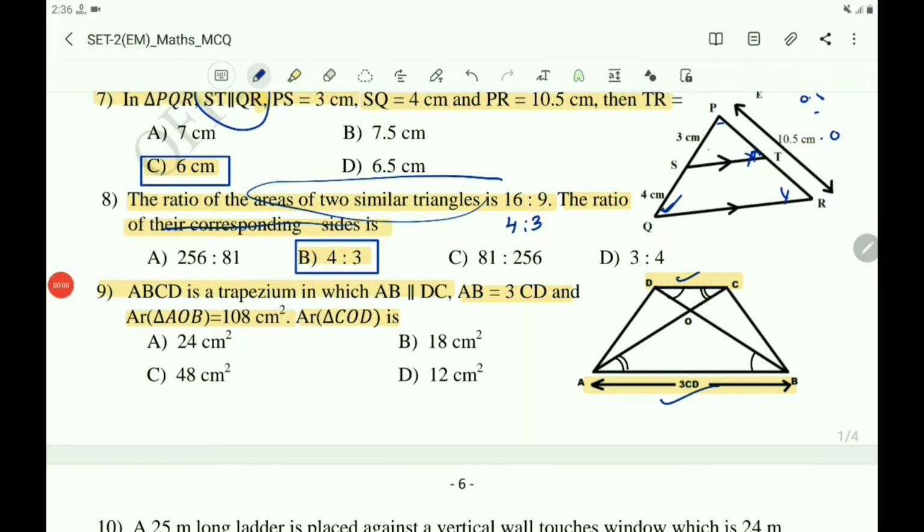Since these two triangles are similar, areas of similar triangles are proportional to the squares of their corresponding sides.